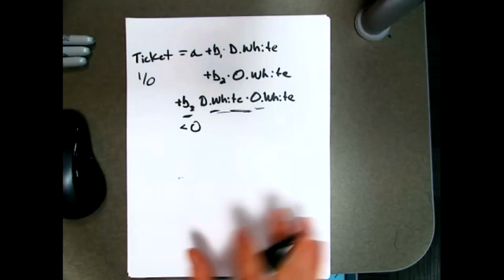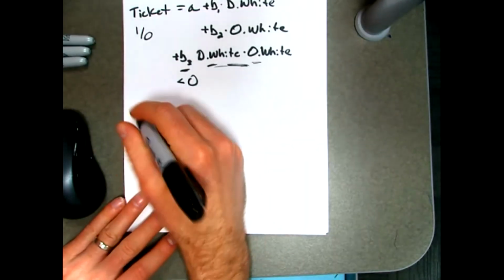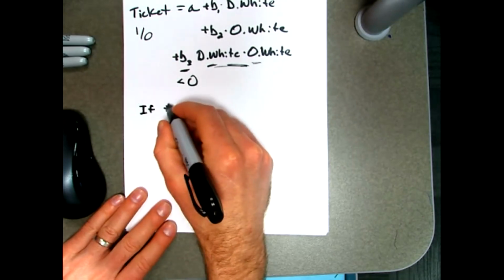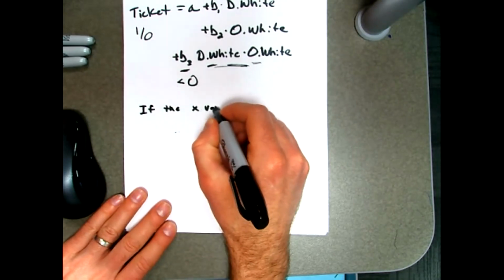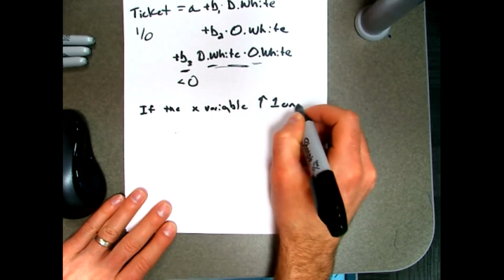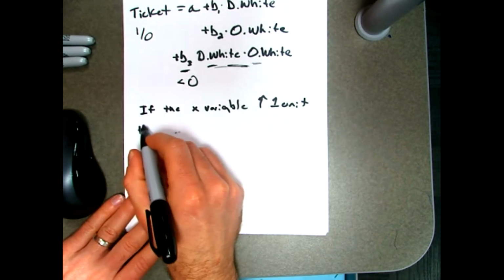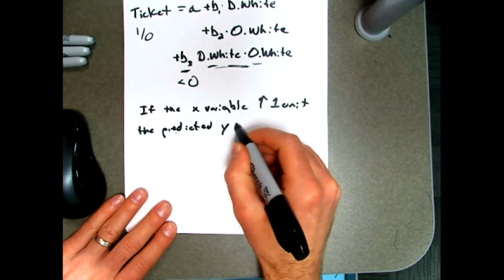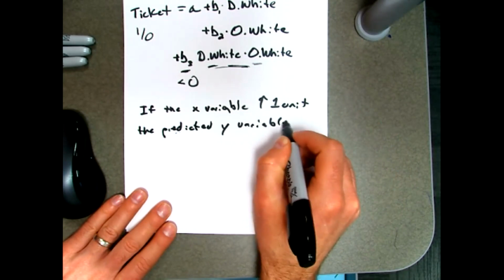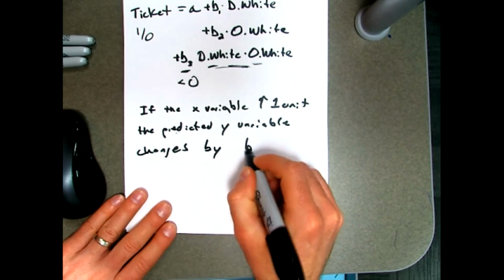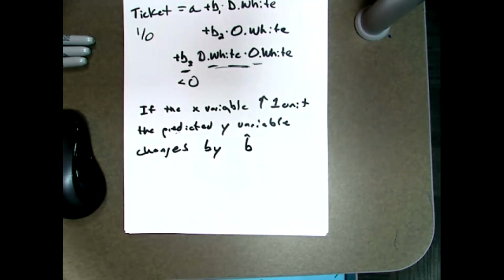The general interpretation of a slope coefficient would be: if the X variable goes up by 1 unit, the predicted Y variable changes by whatever that estimate we have for the slope is.